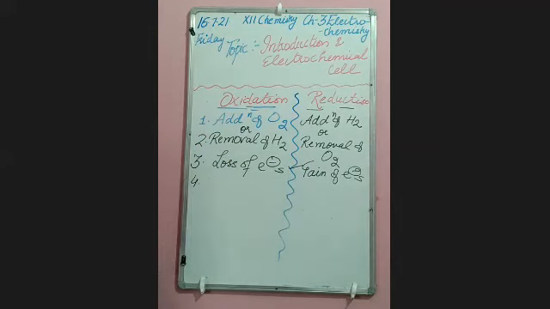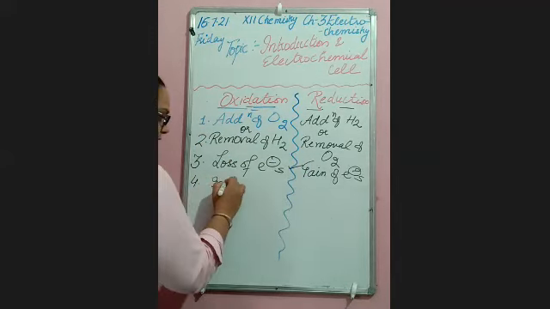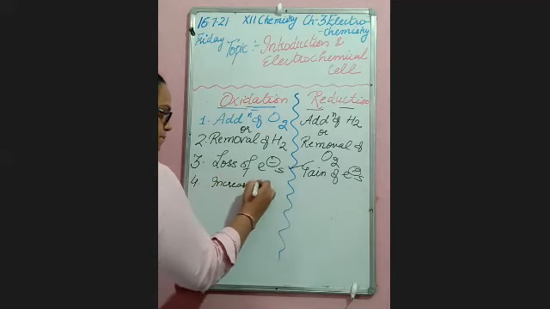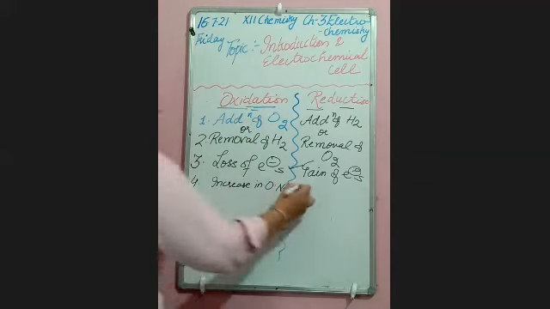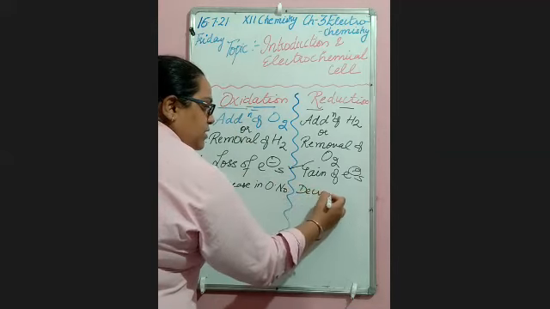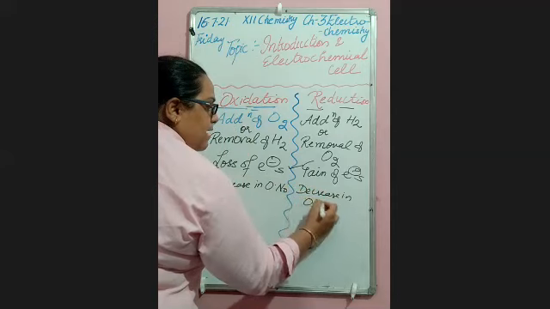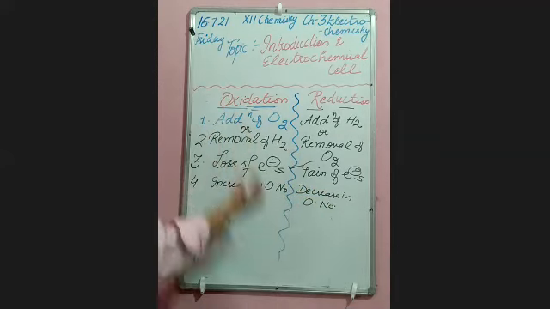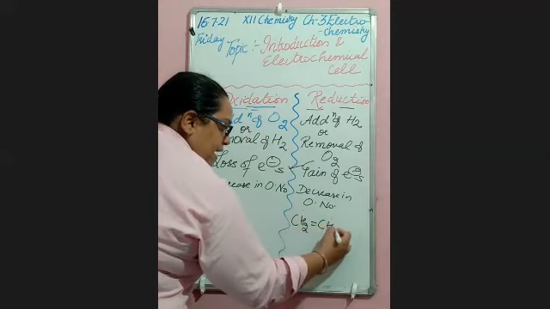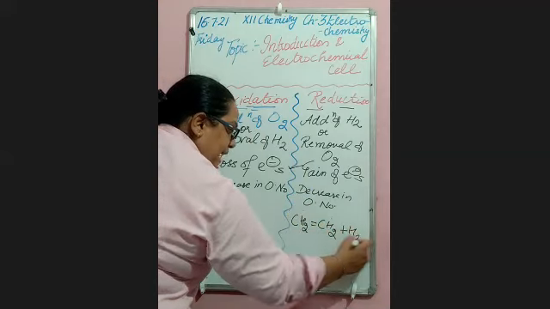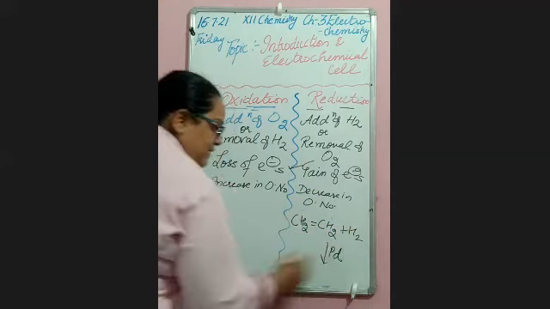Fourth most important definition: increase in oxidation number is your oxidation and decrease in oxidation number is your reduction.